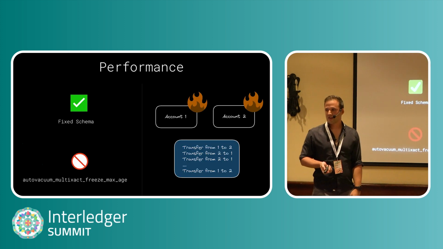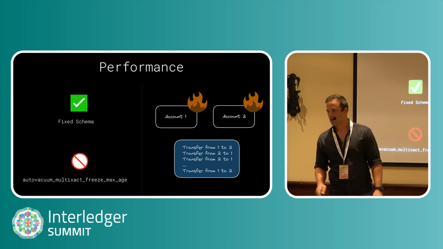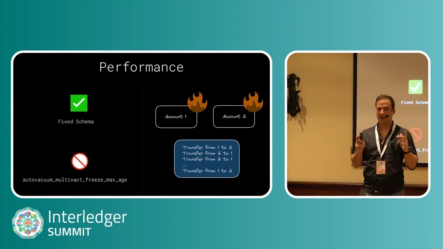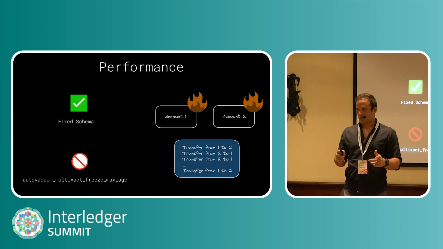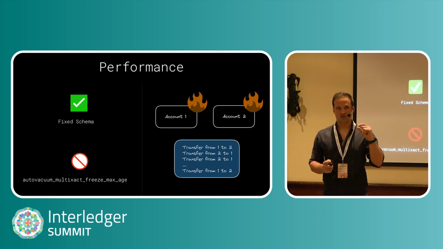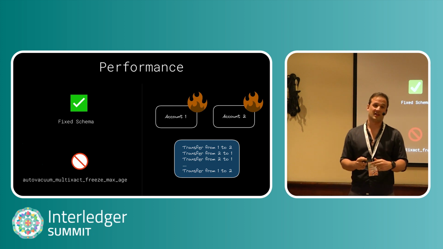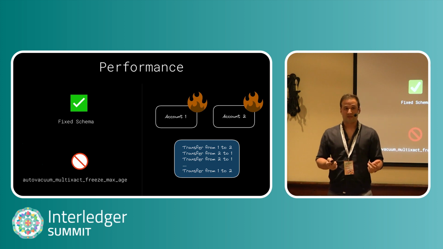Very simple. This fixed schema ties really well into performance. So time is money, and performance actually buys you time. But more than that, performance buys you safety. What do I mean by this? If you're running a system that's on razor-thin margins, you have no room for error. If there is a spike in traffic because of something like Singles Day or Black Friday, your system can easily be pushed over the edge.